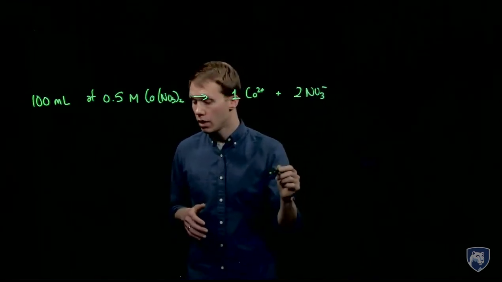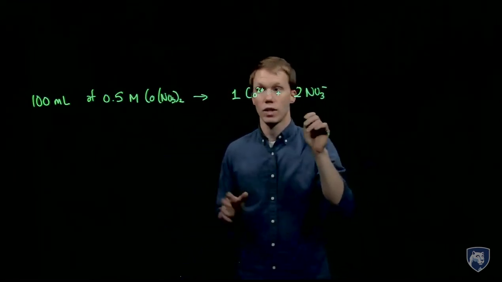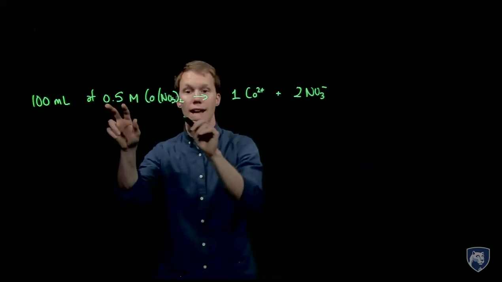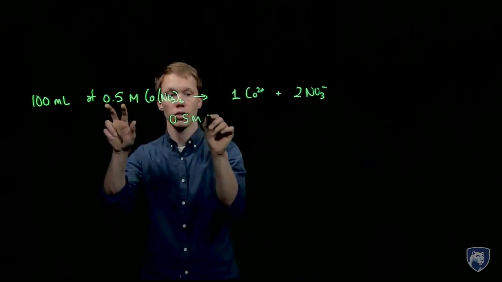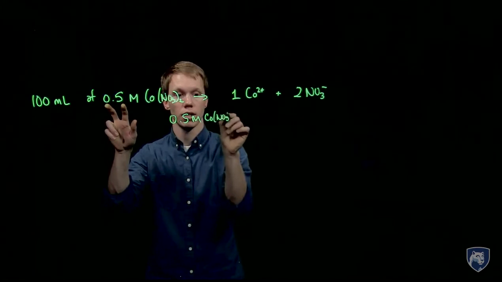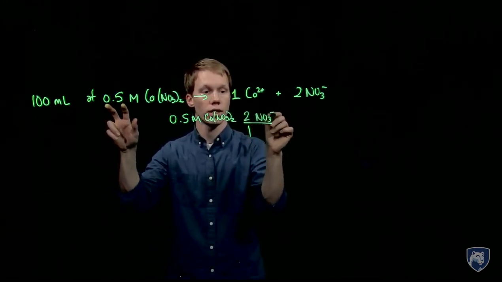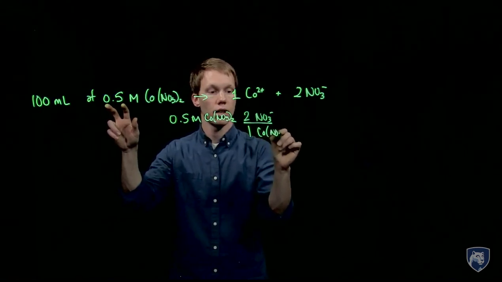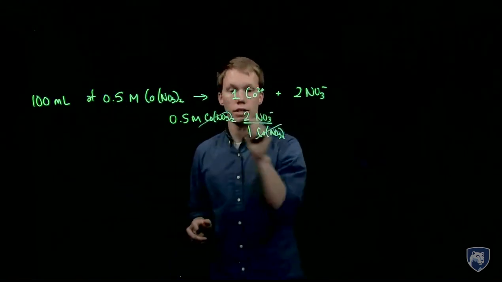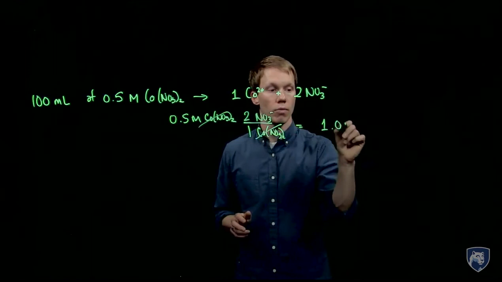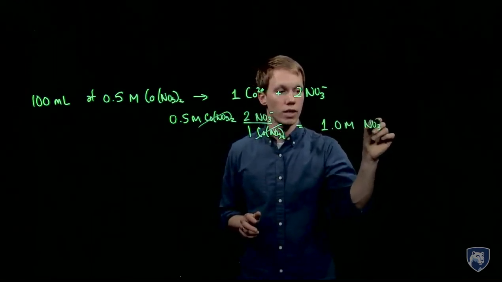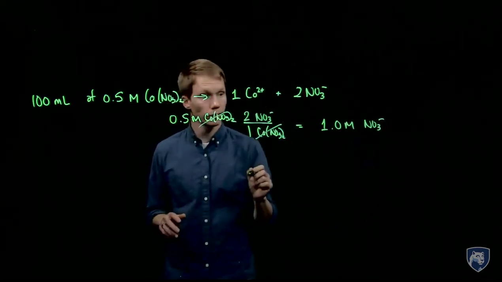And so my total nitrate ion concentration is going to be 0.5, right? 0.5 molar cobalt nitrate. And we have a 1:2 ratio here to give me a 1.0 molar nitrate concentration, right?